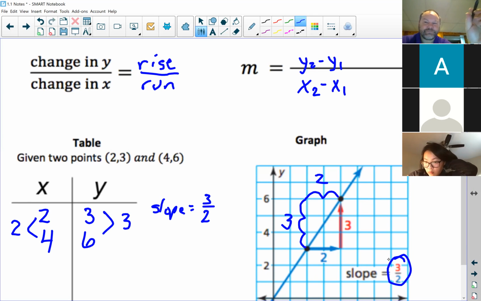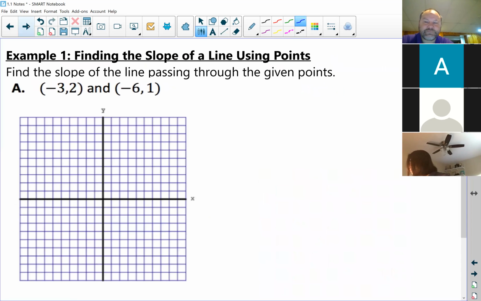All right. All right. So here's an example. Find the slope of a line passing through the given points. And we have the points -3, 2 and -6, 1. So remember, when we graph, the first coordinate is our x.